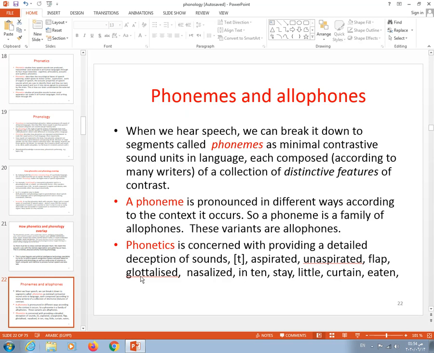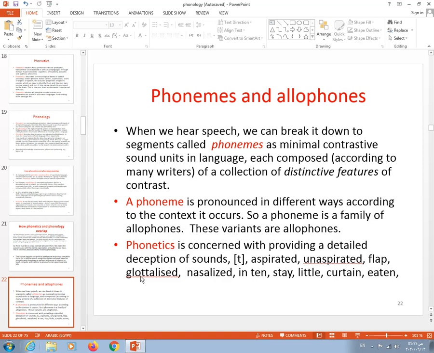A phoneme is pronounced in different ways according to the context in which it occurs. So a phoneme is a family of allophones. These variants, allophones, are different ways a particular phoneme is pronounced. Phonetics is concerned with providing a detailed description of these variations.